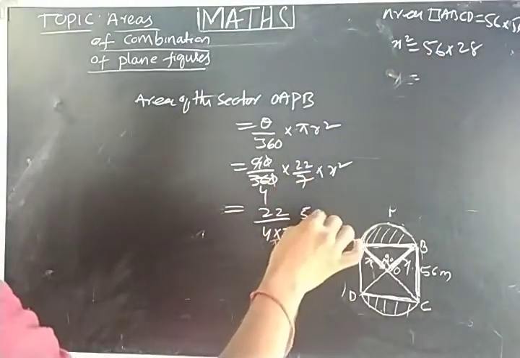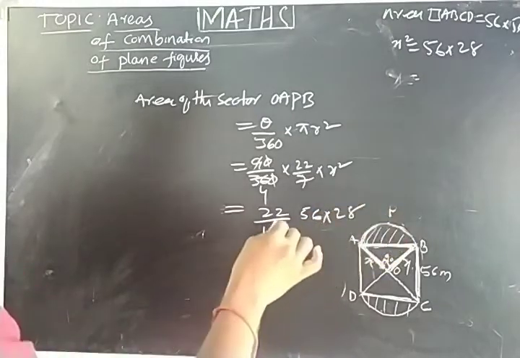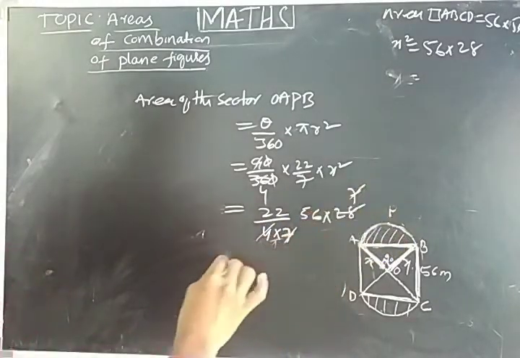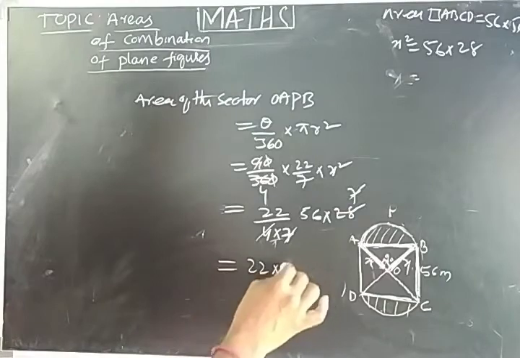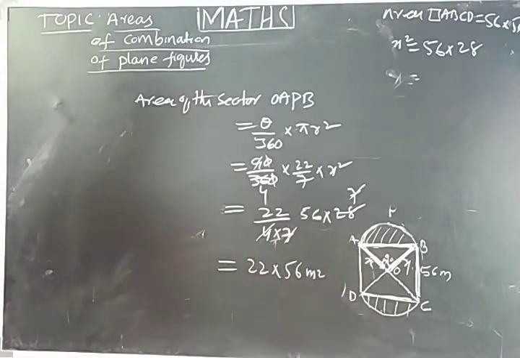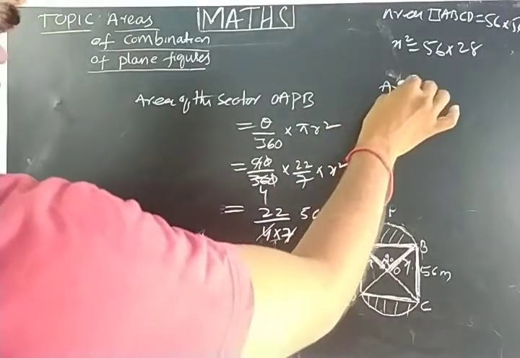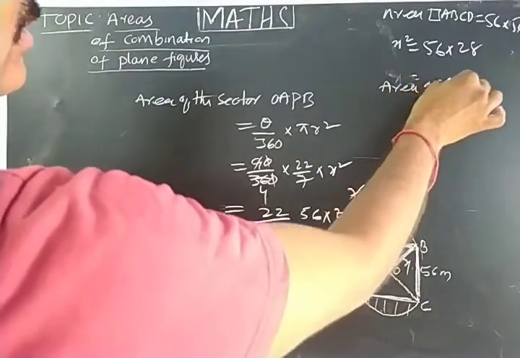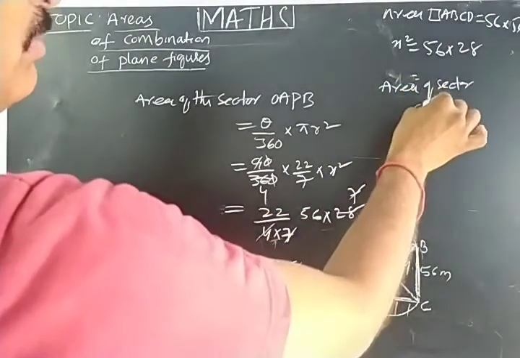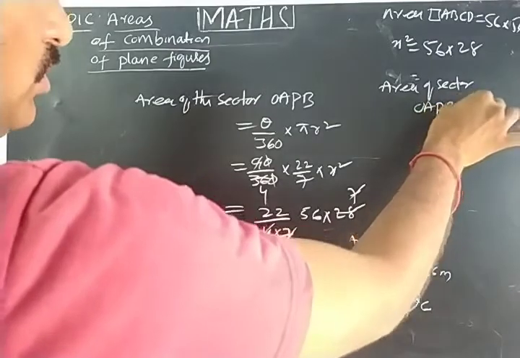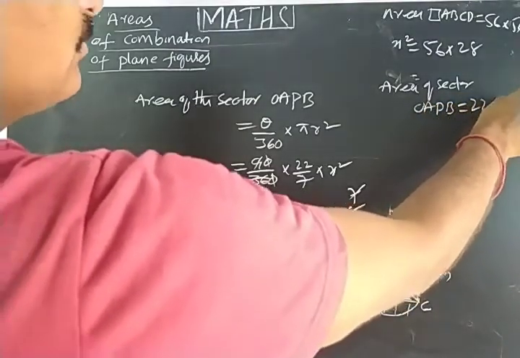So 56 into 28, 4 7s are 28, 7 7s cancel. So this is 22 into 56 meter square. This is the area of the sector. Area of sector OAPB is equal to 22 into 56.